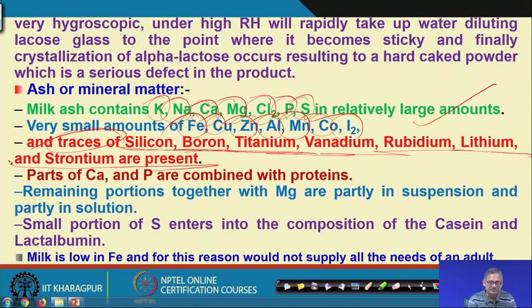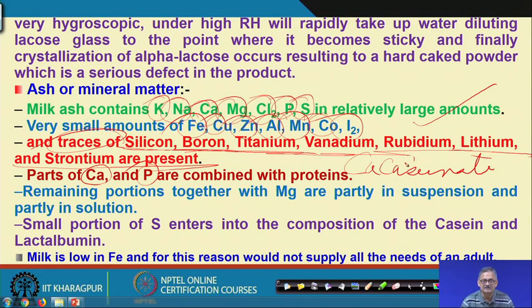Now, parts of this calcium and phosphorus are combined with proteins. Calcium as calcium caseinate, right? And phosphorus also as phosphoprotein, right. So, calcium and phosphorus are mostly associated with protein.